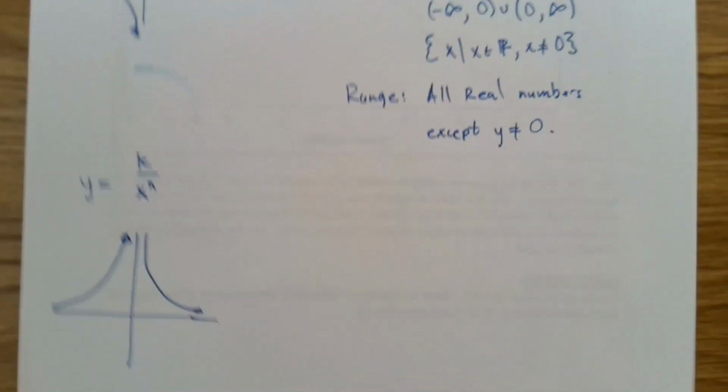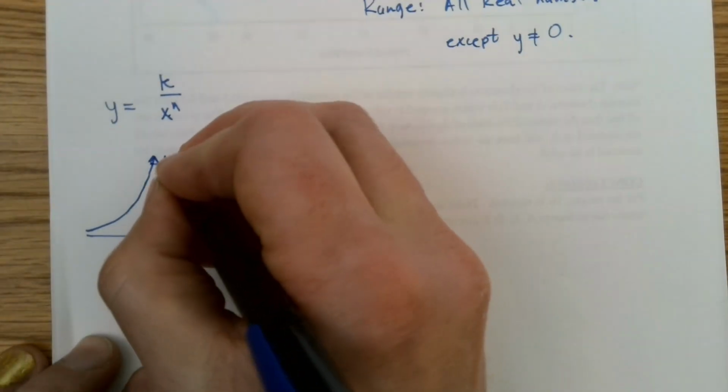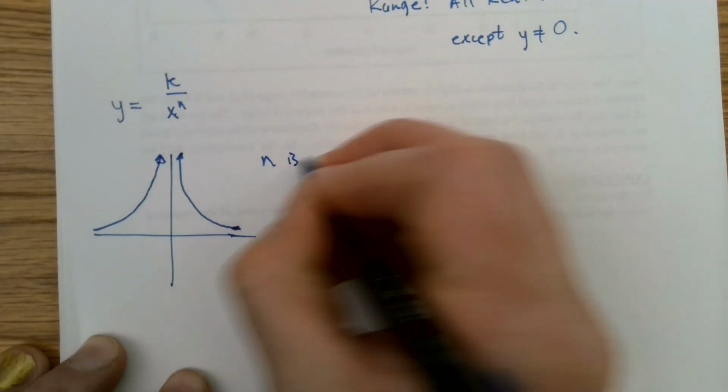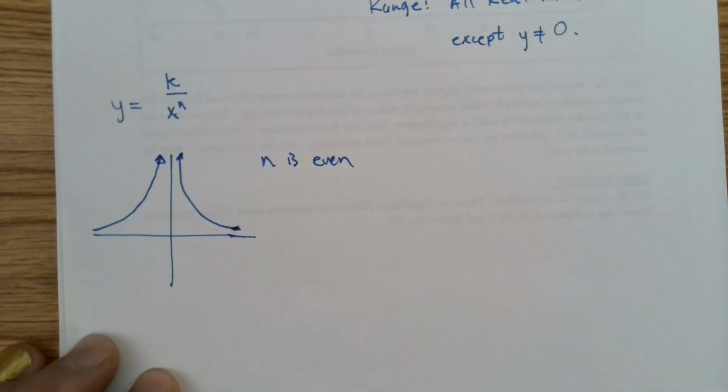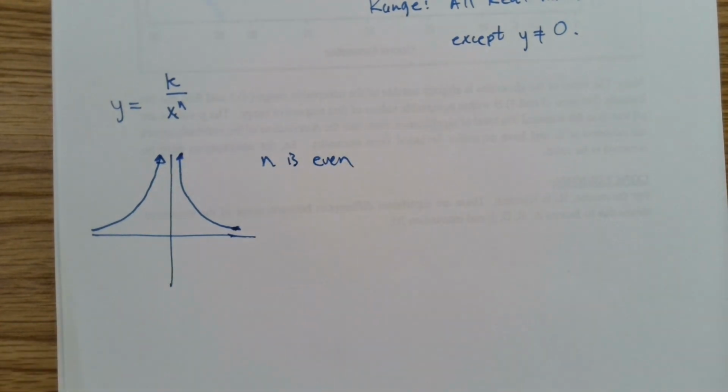Oh, you can't even see what I'm writing. There we go. So y equals k over x to the n. So this is for when n is even. Otherwise, it looks like the previous graph when n is odd. And it has the same domain, it has the same range, and it has the same asymptotes. All of that is unchanged.